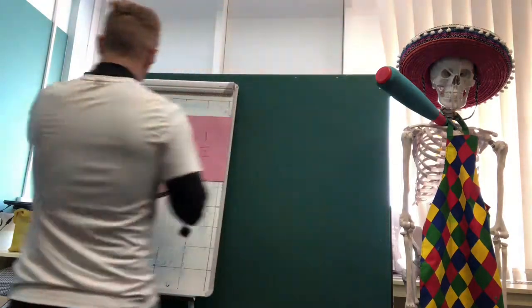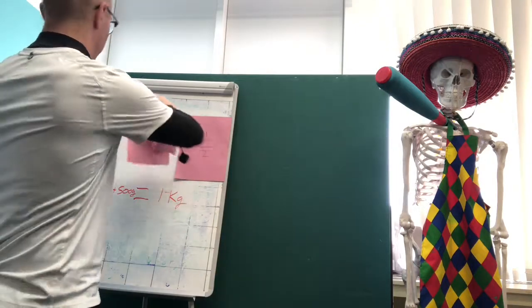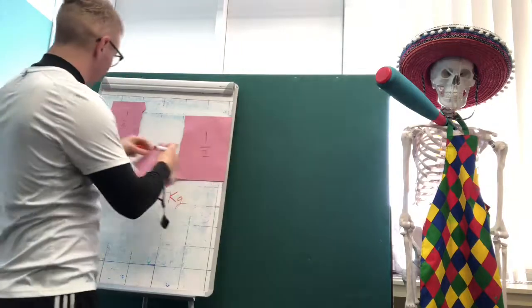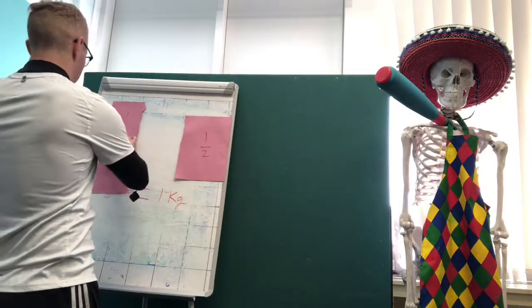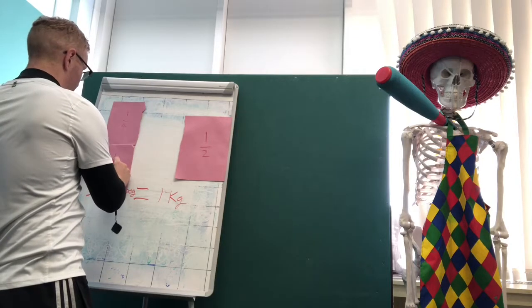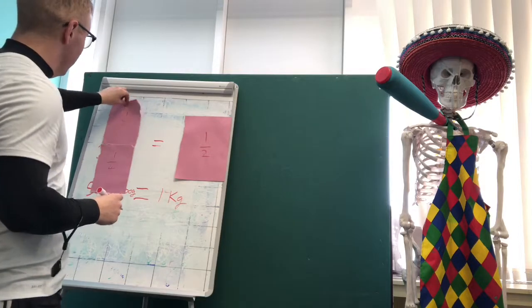So that is 1 quarter. I'm going to write that on just to remind me. I'll blue tack that bad boy up. And then we've got another quarter here, which I'm going to stick up. Now I'm going to put the equal sign, because these are actually the same size.